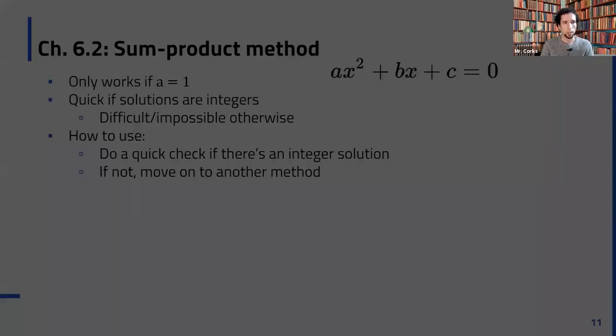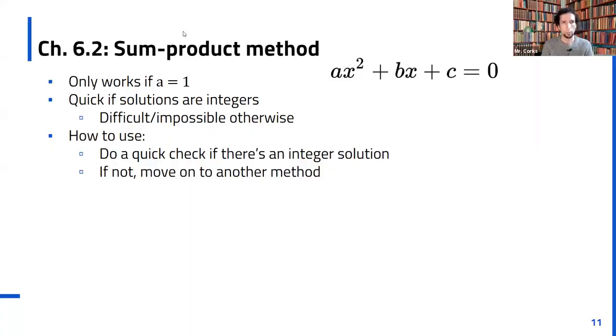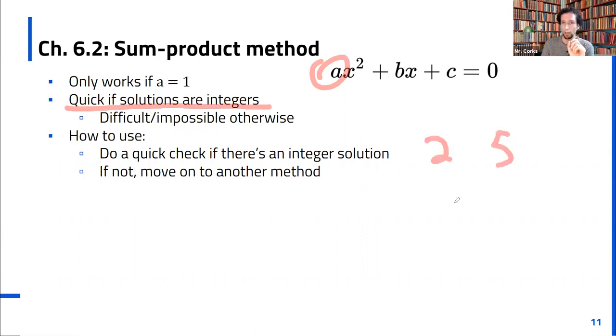So just some little summary notes here. This method, sum product method, is only going to work if the A value is 1. So that's a necessity. Also, it's handy and can be a pretty quick way to find a solution if the solutions are integers, like a 2 or a 5 or a -3 or positive 20.